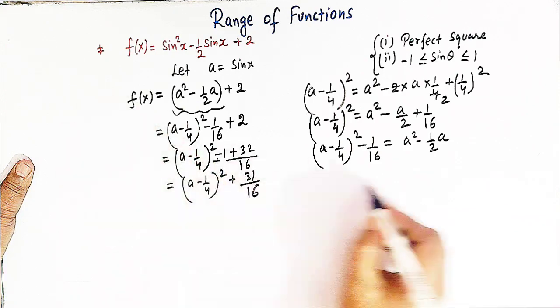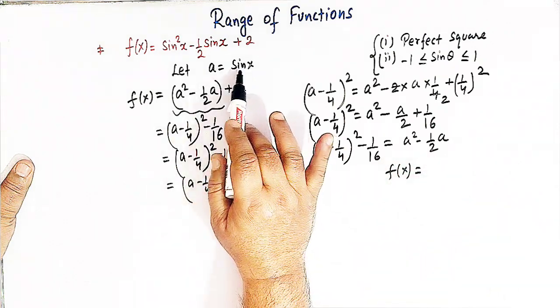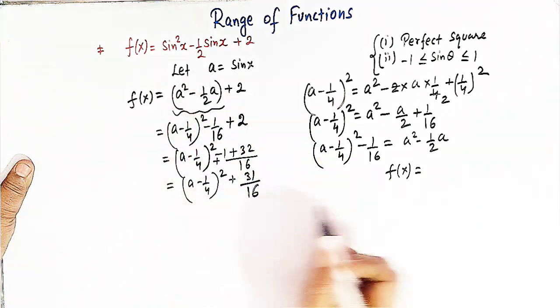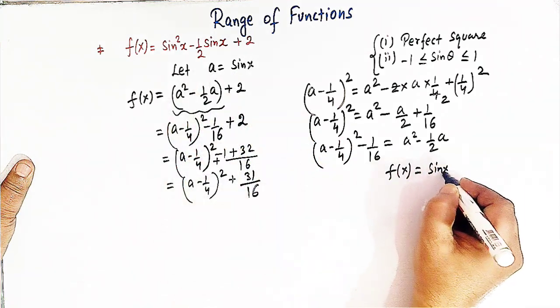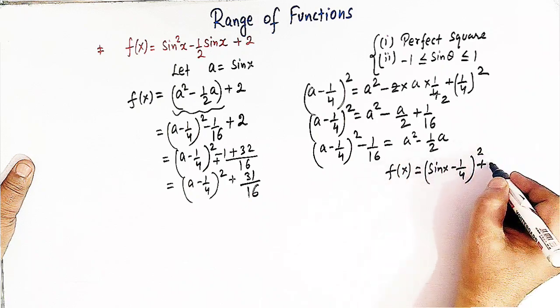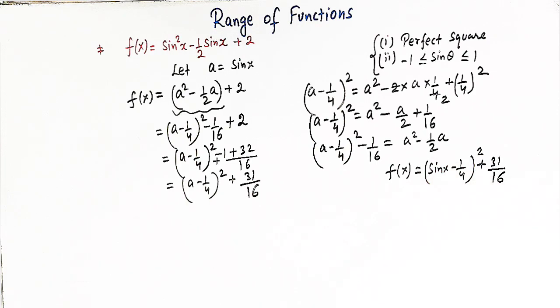Now f of x can be written, resubstituting sine x for a, as sine x minus 1 over 4 square plus 31 over 16.